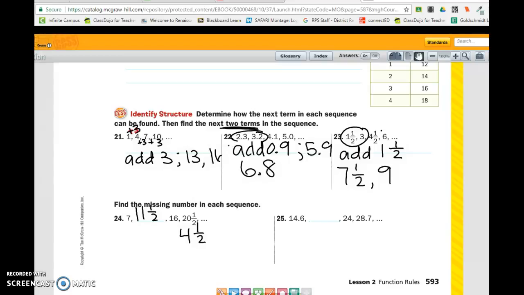Over here, we have to figure out how do I get from 24 to 28. So 24 to 28, we're adding 4 and 0.7. So we're going to add 4.7. So 14.6 plus 4.7, 19.3 fills in the blank for you.